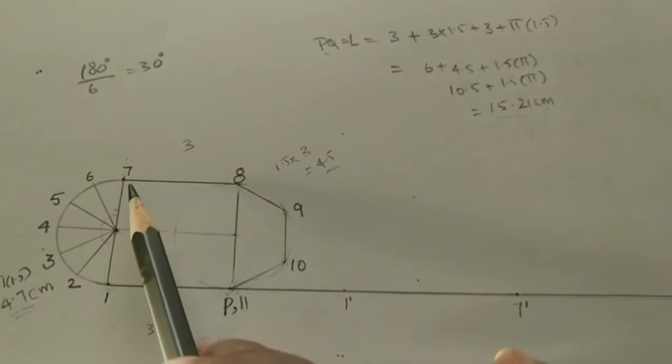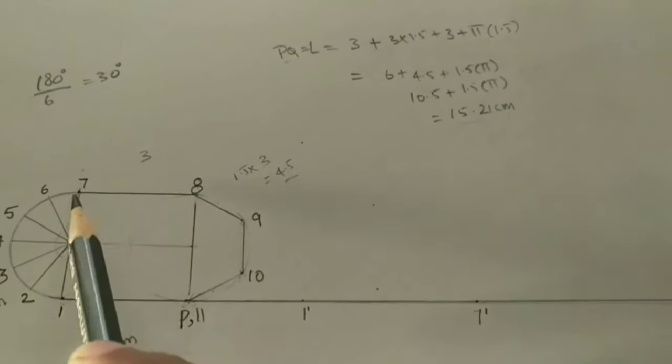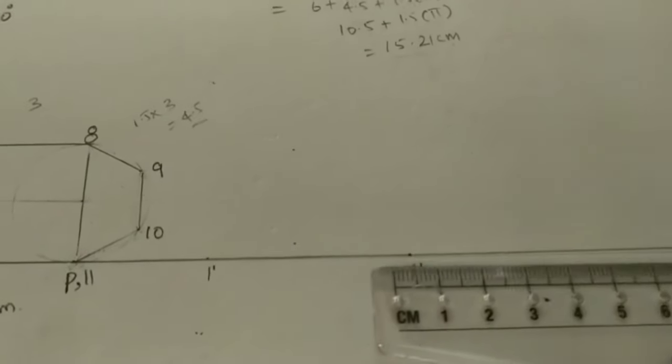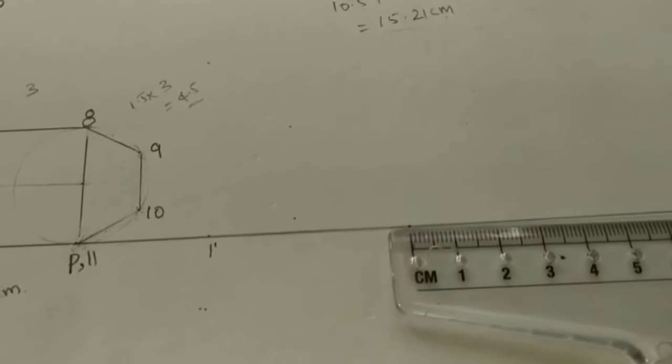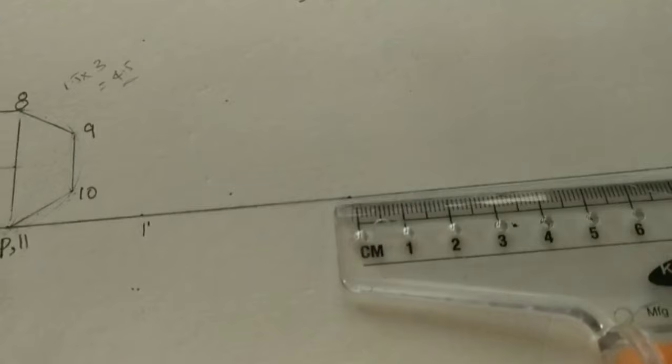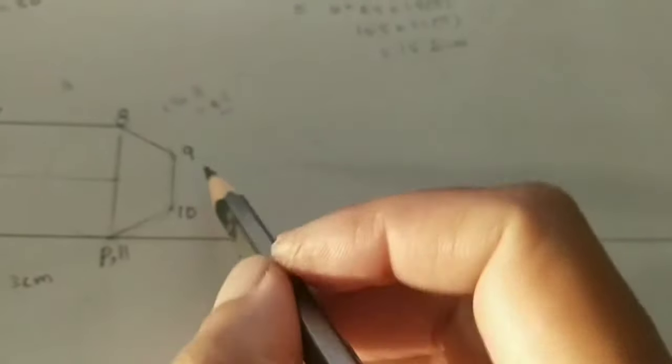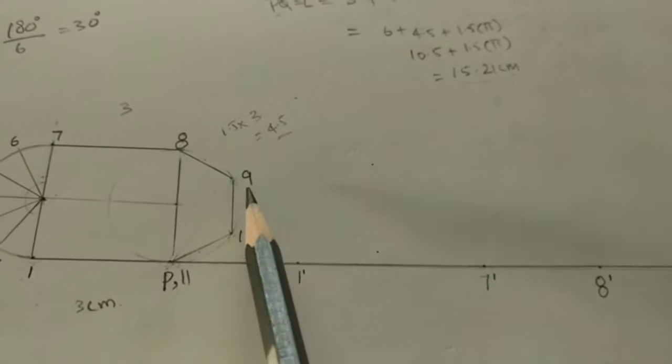Okay, after getting 7, after that this is square length 3 centimeter. Mark 8 at 3. So from 7 dash mark 3 centimeter. After 8 dash mark 1.5, 9 from 8.